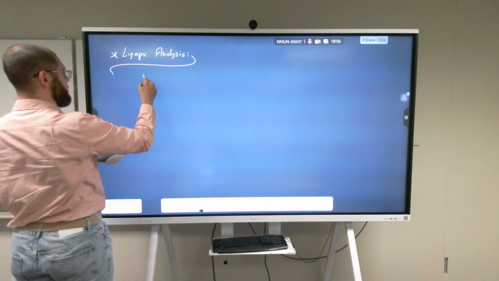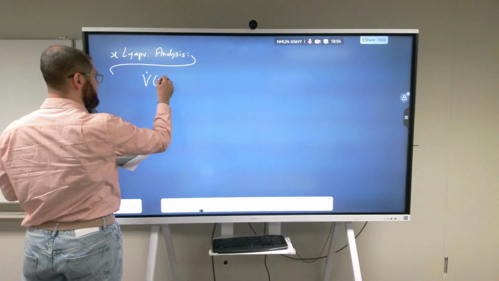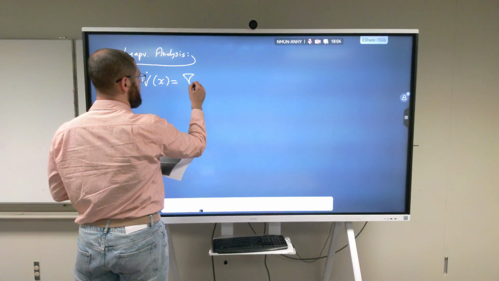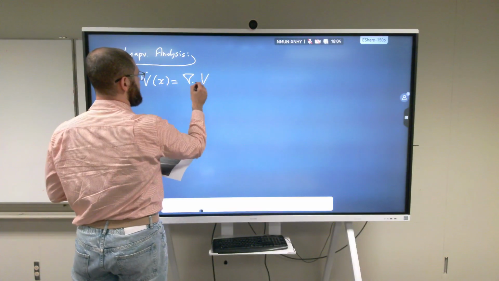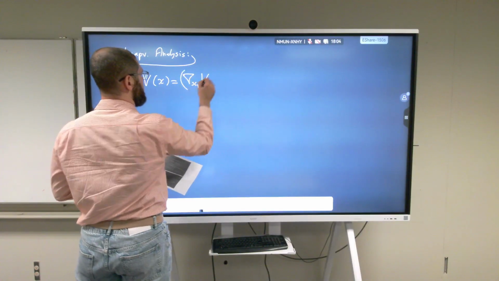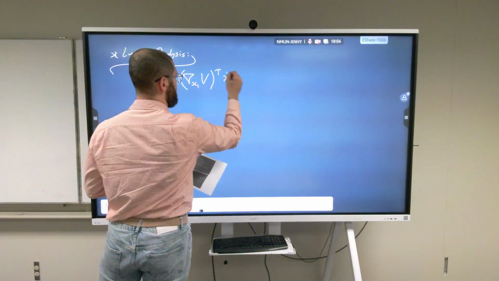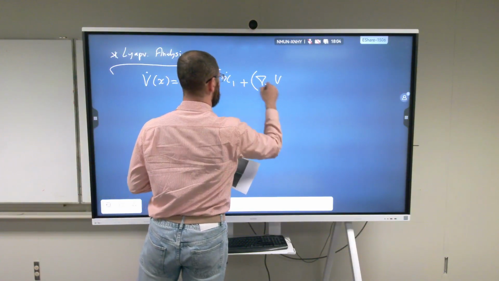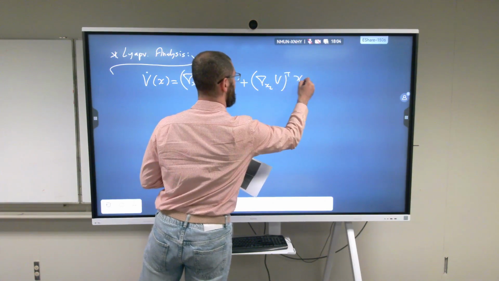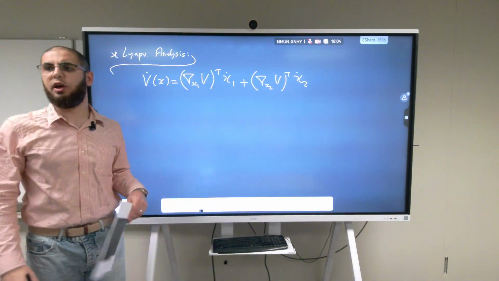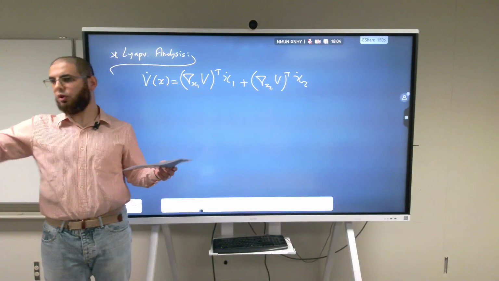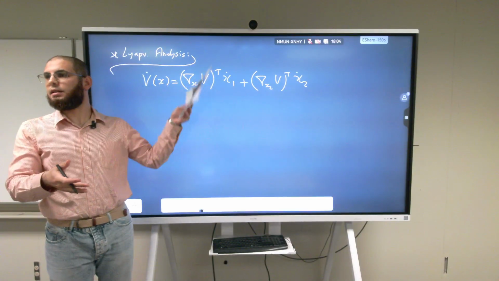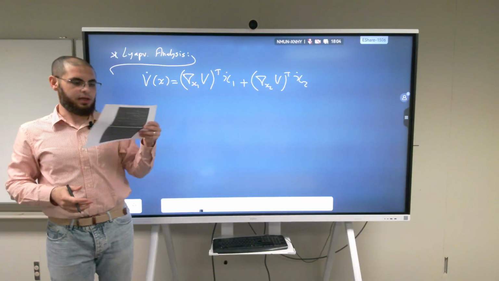So V dot of x will be simply equal to the gradient of V with respect to x1 transpose x1 dot, plus gradient of V with respect to x2 transpose x2 dot. Everything is in R^n now. So of course you can talk about the differential of V with respect to x1, but in the end, it's just the transpose of this.